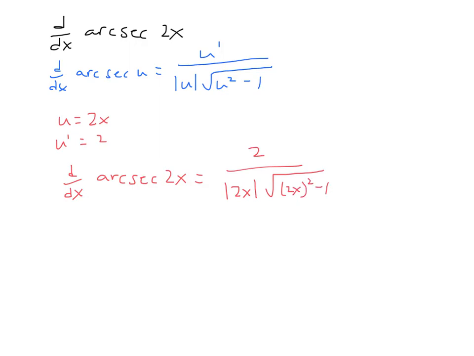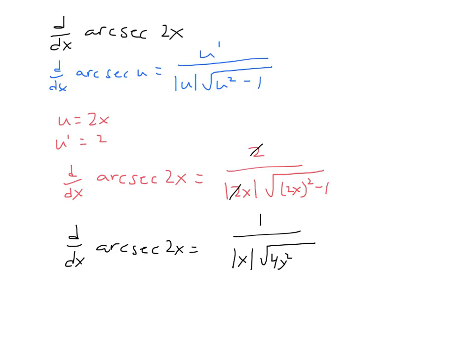Now in this case the 2's will drop off, and it is going to come out to be 1 over the absolute value of x times the square root of 4x squared minus 1. Now, please notice the simplification that took place there, because that is going to be something you're going to want to be familiar with.